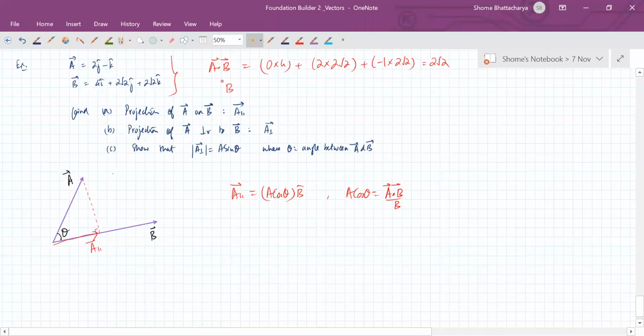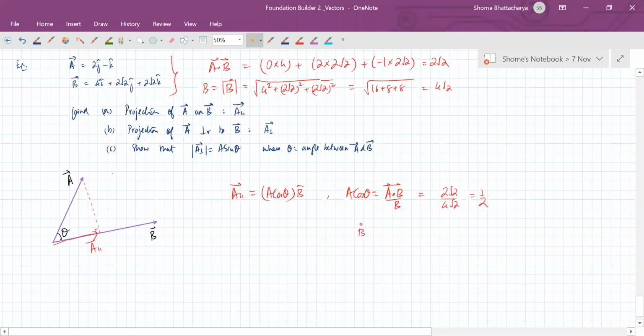And we can see that magnitude of the vector B is nothing but square root of 4 square plus 2 root 2 whole square plus 2 root 2 whole square. So 16 plus 8 plus 8. So that's 4 root 2. So this thing is becoming how much? It's becoming 2 root 2 divided by 4 root 2, so it's half.